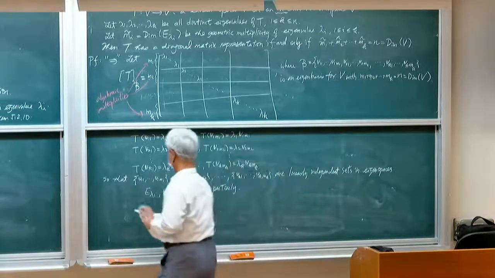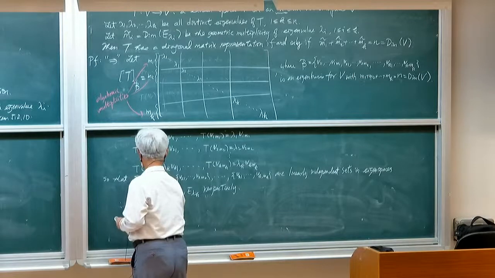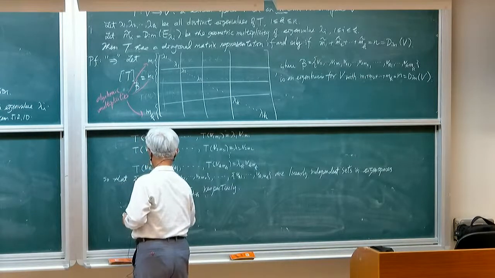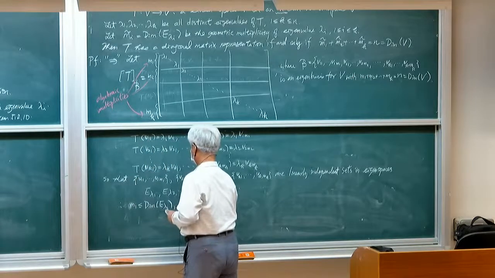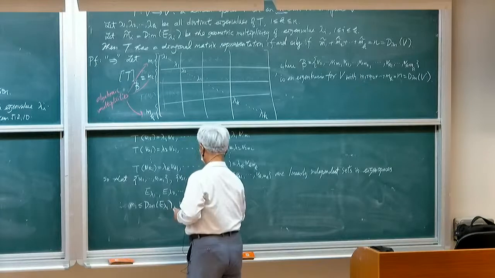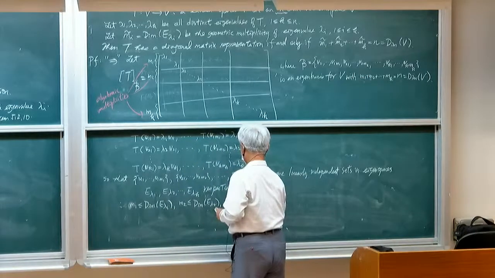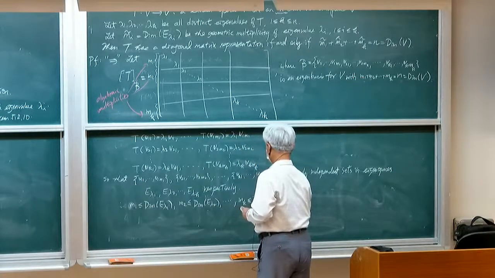And so the dimension: M1 is less than or equal to the dimension of E lambda 1, and M2 is less than or equal to the dimension of E lambda 2, etc., up to Mk is less than or equal to the dimension of E lambda k.